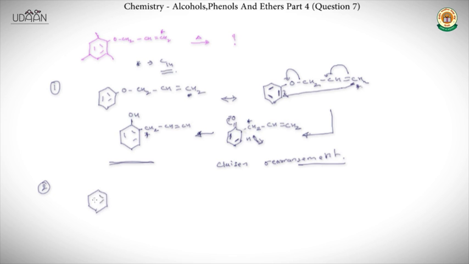Therefore, this one was the asterisk one, and in the first step it will form an intermediate like this, where this is the CH3 group and this one is CH2CH=CH2.